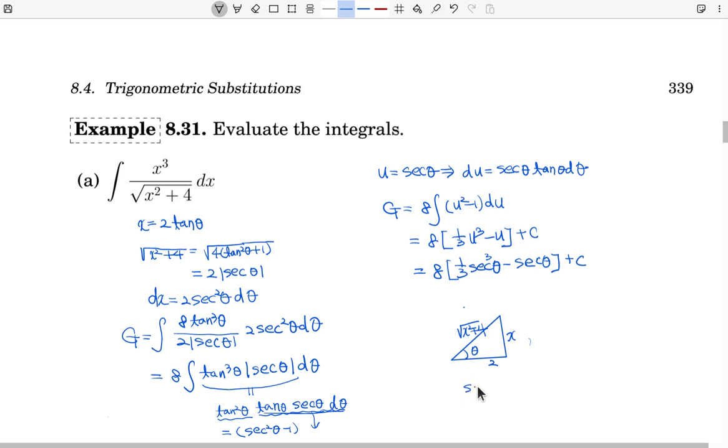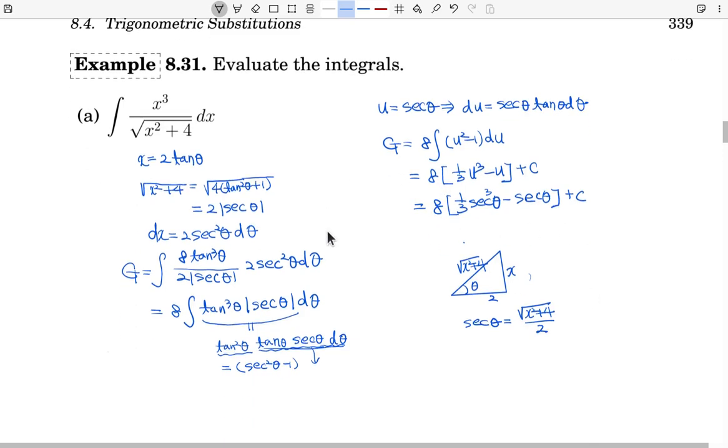So here sec theta equals square root of x squared plus 4 divided by 2. So over there, sec theta is replaced by this term, and that's the final answer, okay?